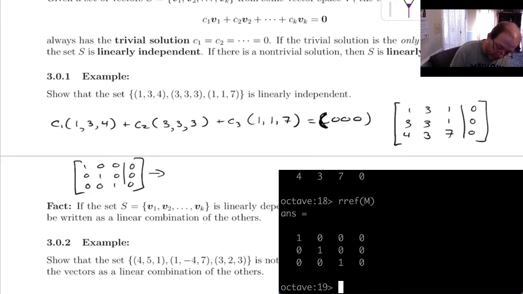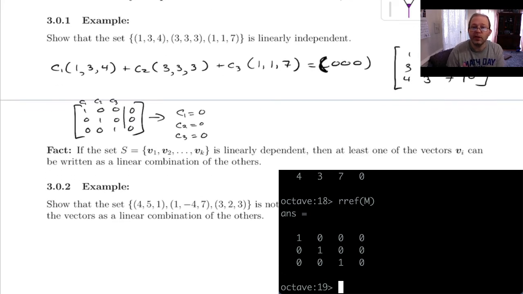If you read this off, this is the C1 column, C2, and C3. That top line gives you C1 is 0. The second line gives you C2 is 0. The third line gives you C3 is 0. So all we get is the trivial solution. Therefore, they are linearly independent.